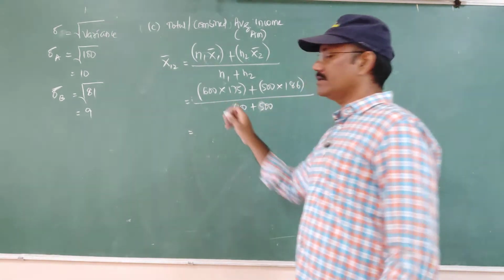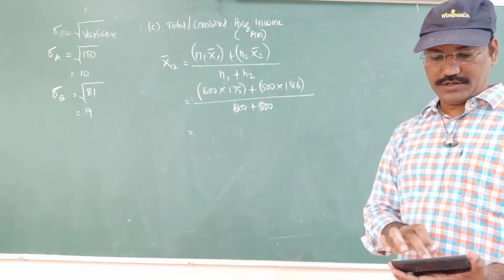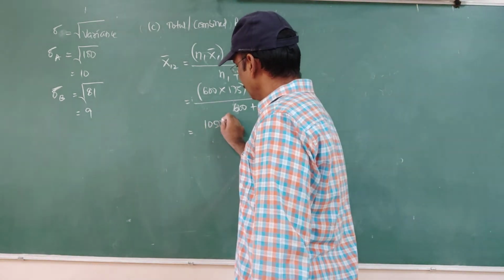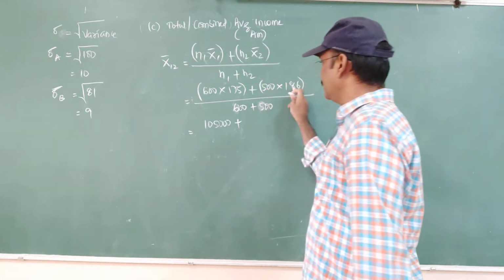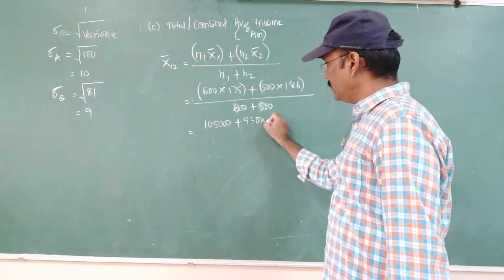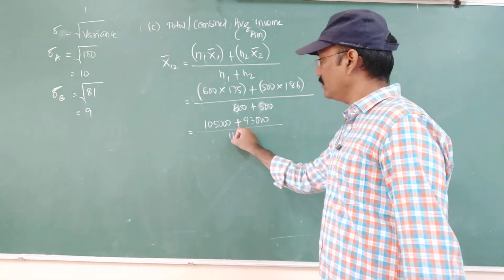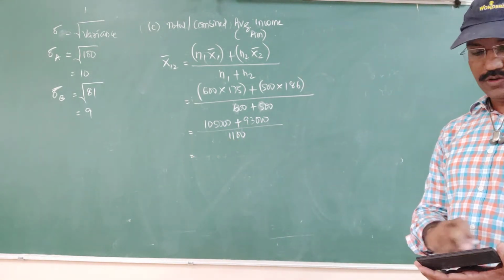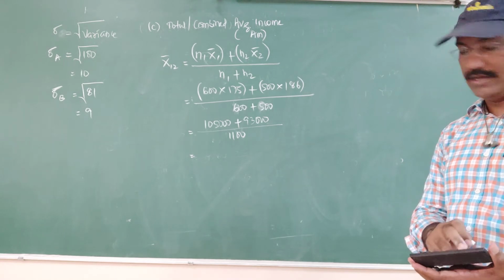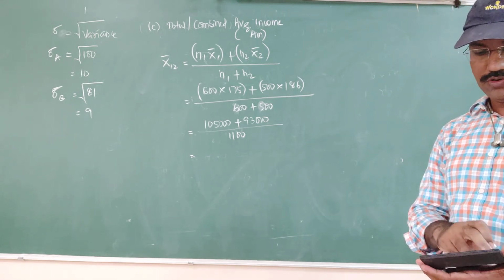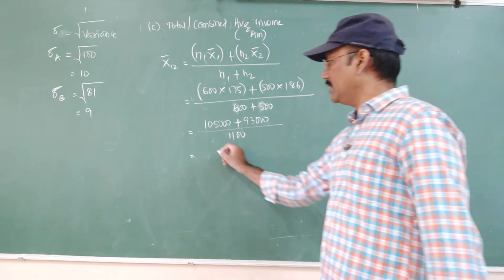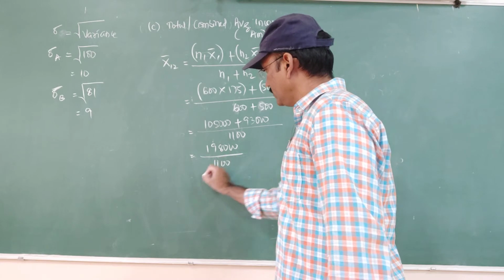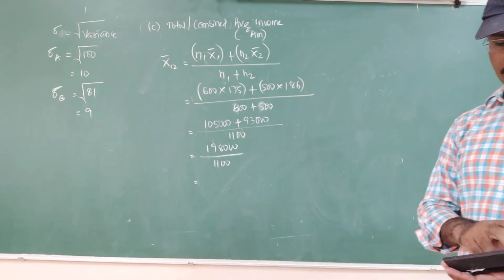Simplify this one. 600 into 175 is 1,05,000, plus 500 into 186 is 93,000, whole divided by 1100. So 93,000 plus 1,05,000, the answer is 1,98,000, divided by 1,100.